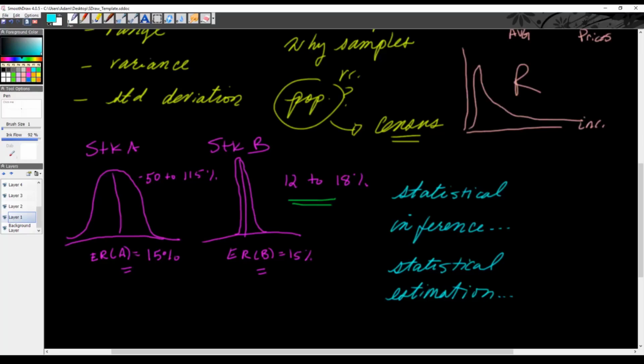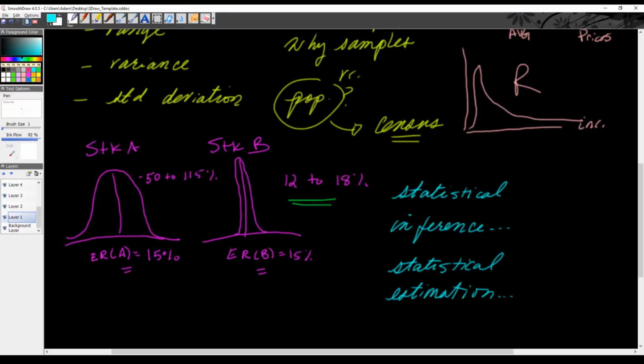So essentially what we're going to do is use our sample information to find estimates for things like averages, maybe a slope coefficient in a regression model or an intercept coefficient.